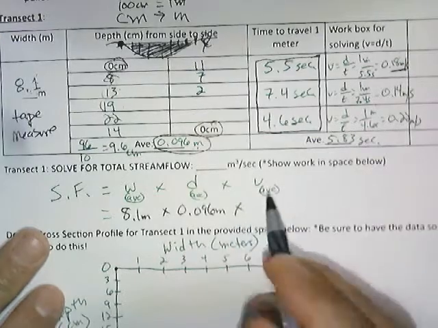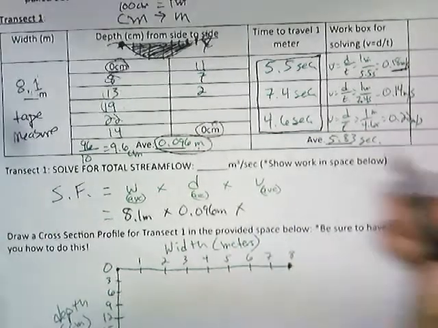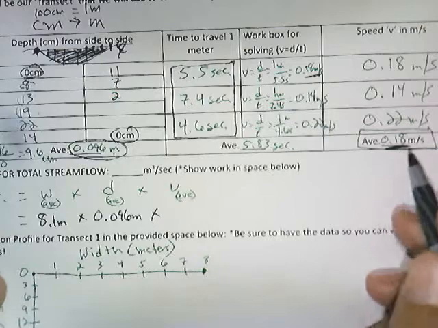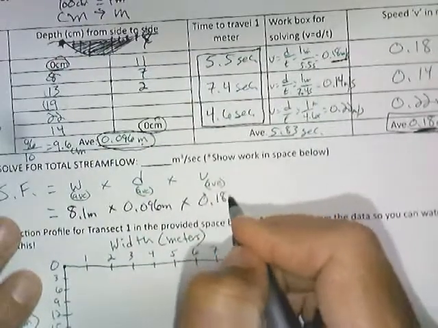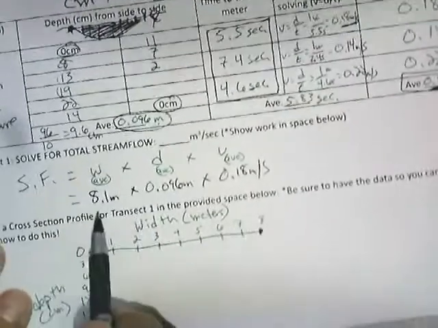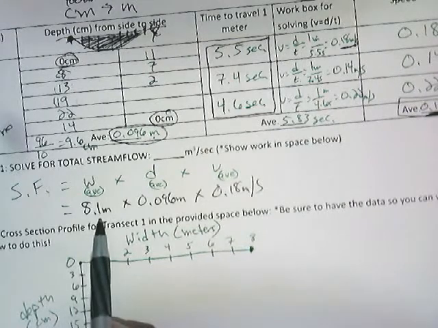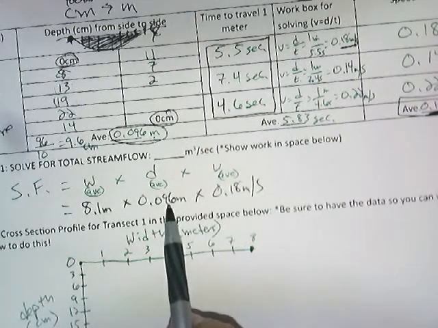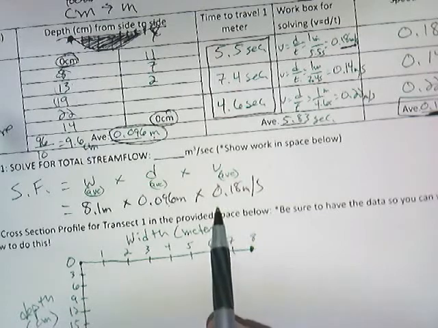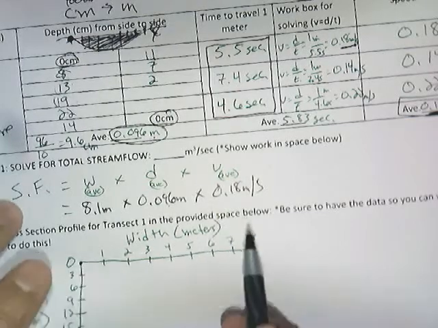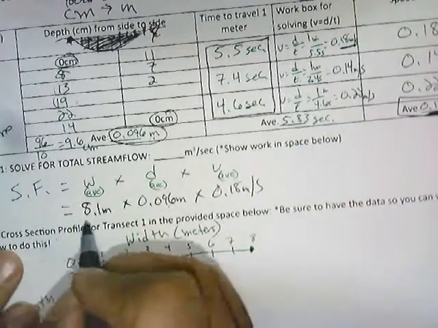And multiply this times my velocity average, which I get over here, which was 0.18 meters per second. And so now I'm going to quantify this. I take 8.1 times 0.096 times 0.18. And you'll find it's a tiny, tiny amount here, right?